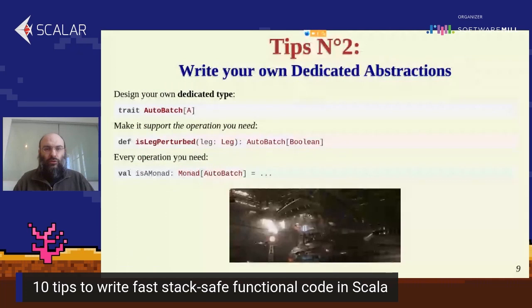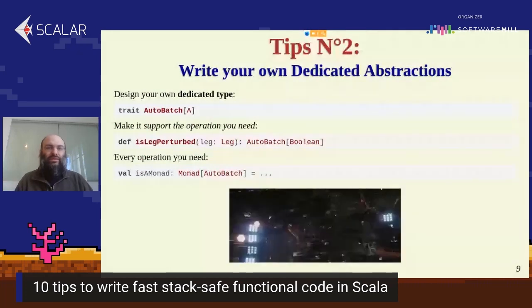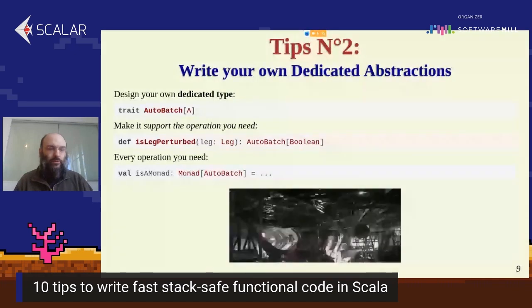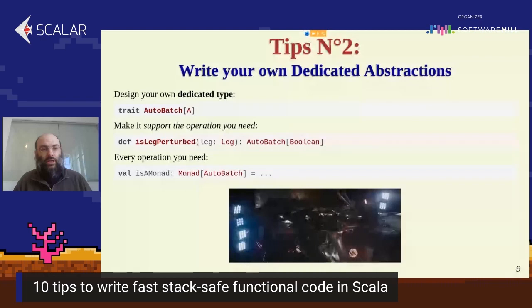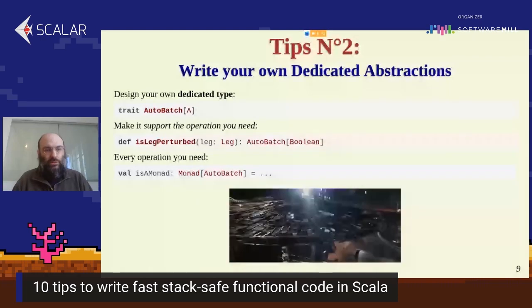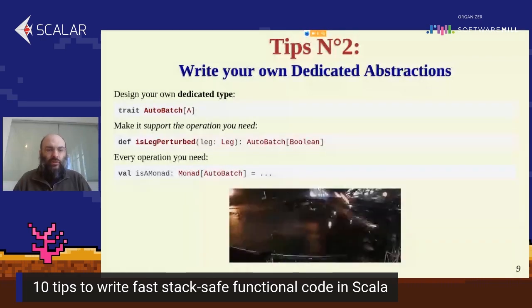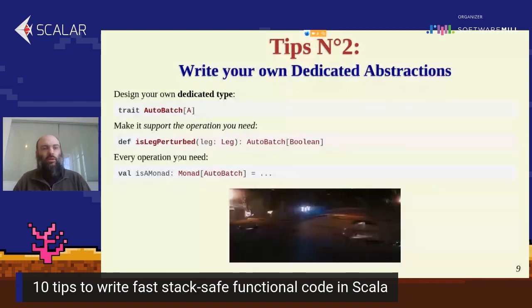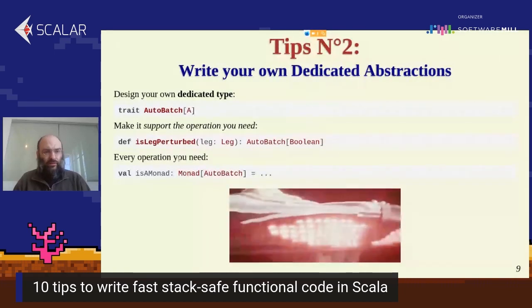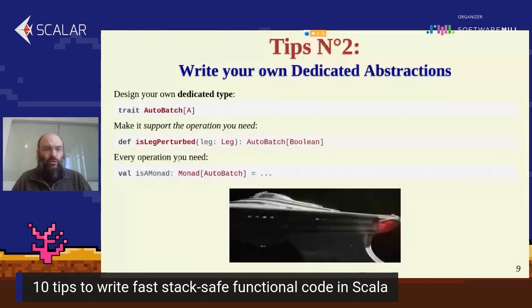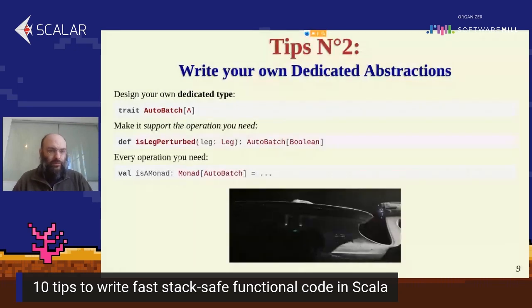So the second tip I want to give you is write your own dedicated abstractions, because Scala is a powerful language. That's something we can do: you can model your own abstractions. So provide your business code the simplest possible abstraction it needs. So what do we need in this case? We need the function isLegPerturbed. That's the thing we need.